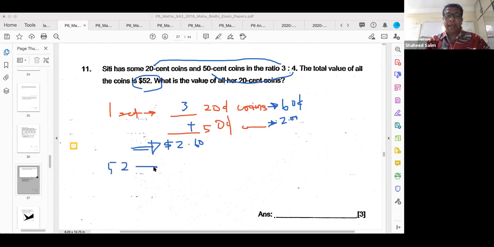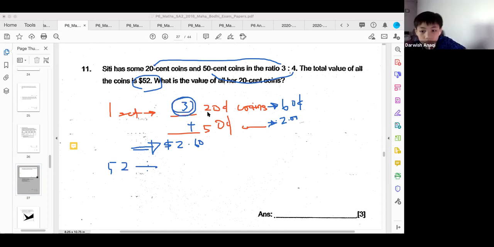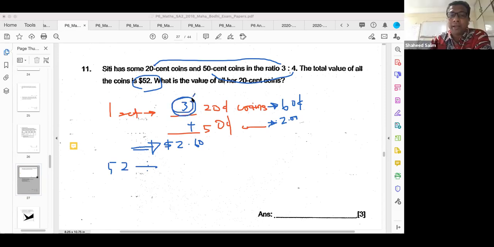20 sets doesn't mean 20 20-cent coins. 20 sets doesn't mean 20 50-cent coins. One set has how many 20-cent coins? 3. So you must times this by 20. So who was the one who said 60 just now? You got 60 20-cent coins. I repeat, you divide by 260 and you get 20 sets.